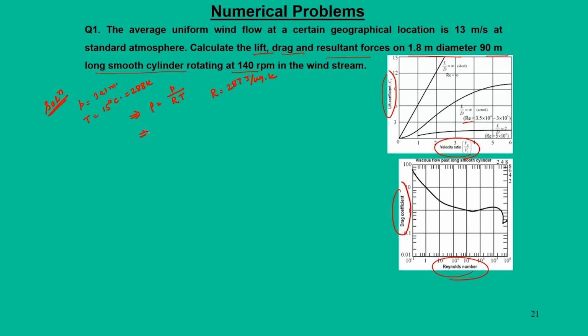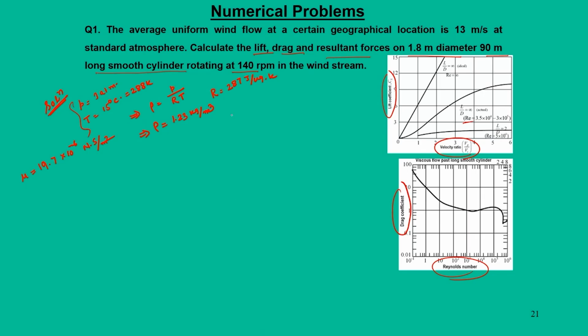So, we can find out the density of air, that is 1.23 kg per meter cube. And at this pressure and temperature we can refer to the data table to find the viscosity of air, and its average value is 19.7 into 10 to the power minus 6 Newton second per meter squared. Now, with this data we will be able to solve these problems.